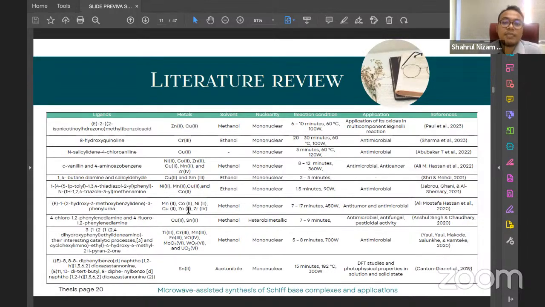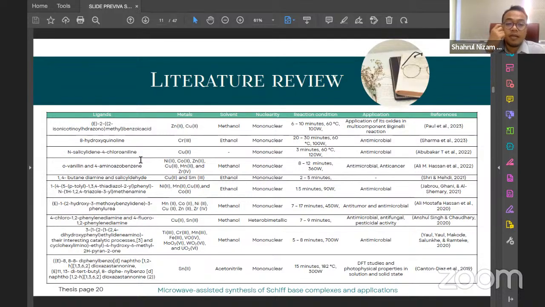So these are the metals that have been used before in many biological applications. For example, they are good as antimicrobial agents, anti-cancer agents, or anti-tumor agents. So we compile all these studies just to compare our complexes against these complexes.